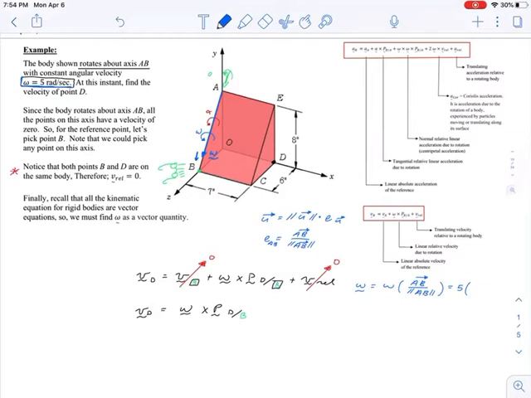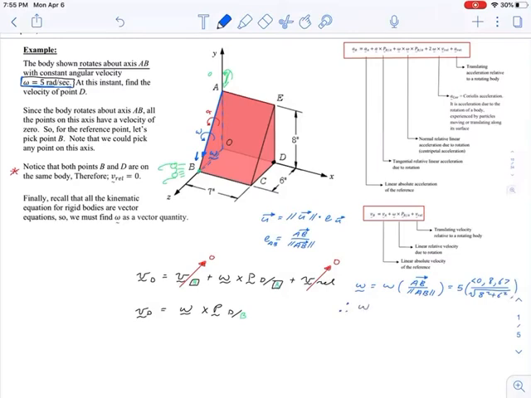We're on the Z-Y plane, so X would be 0. Y would be going down 8 inches, and then we're going positive 6 inches in the Z direction. Then we divide that by the magnitude, which is the square root of 8 squared plus 6 squared.